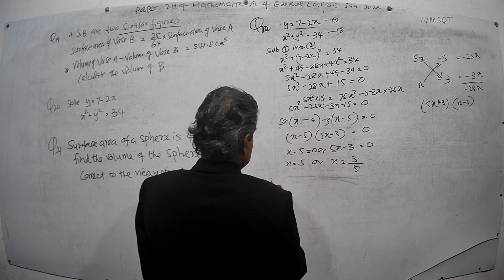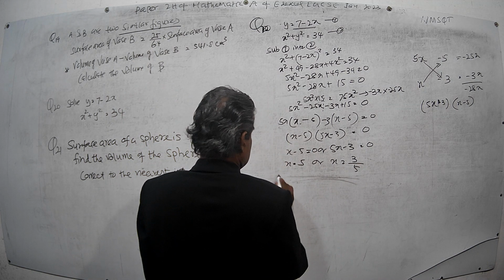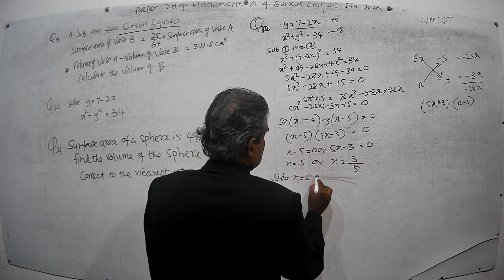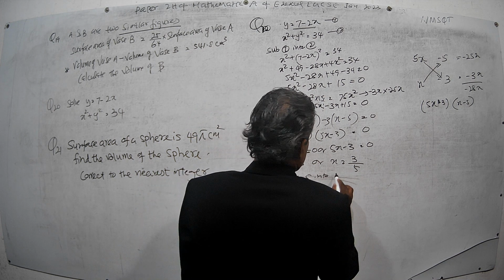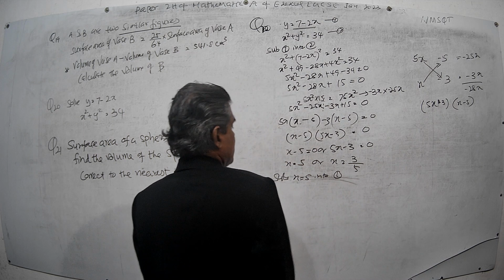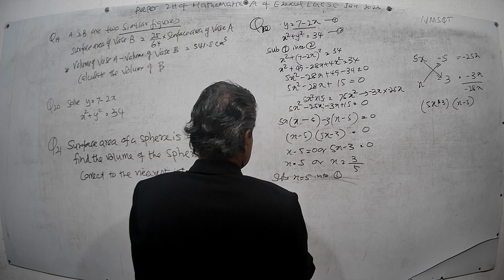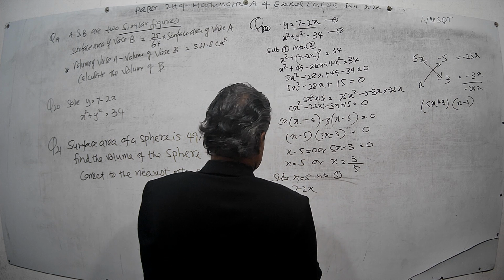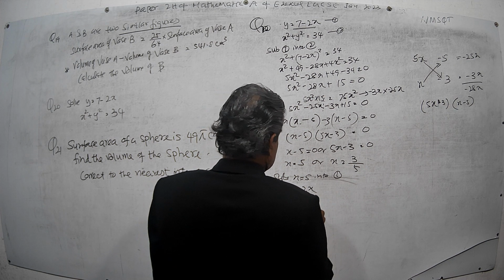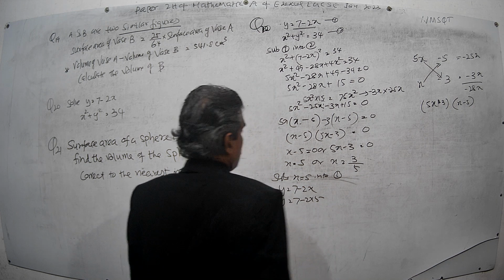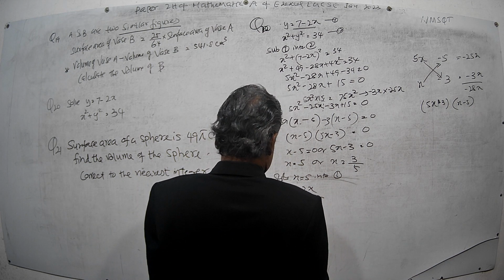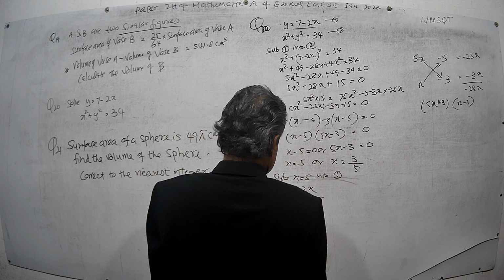Then x equals 5, substituting into equation 1, y equals 7 minus 2x, then y equals 7 minus 2 into 5. Then it will be 10, then y equals minus 3.